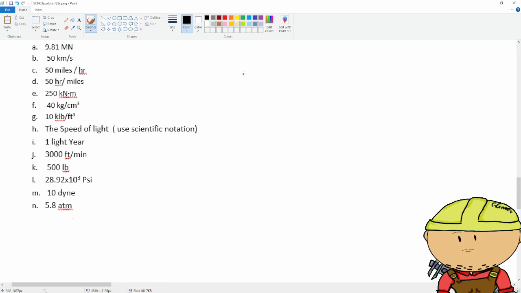Okay, 500 pound. That should be mass? Pound force? If that's pound force, we just convert it to Newton. 1 pound force is 4.448 Newton.